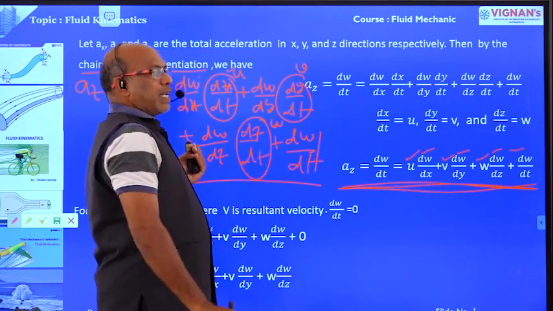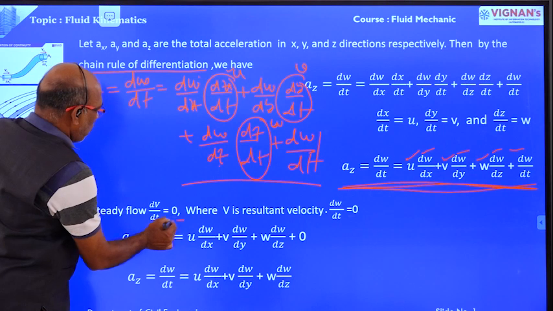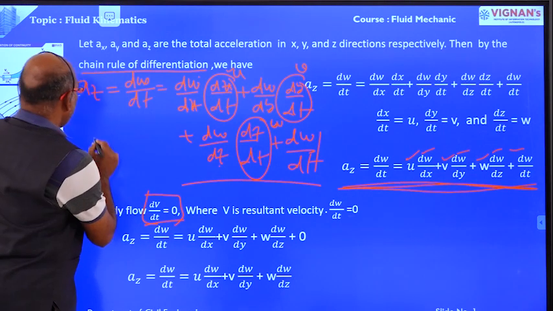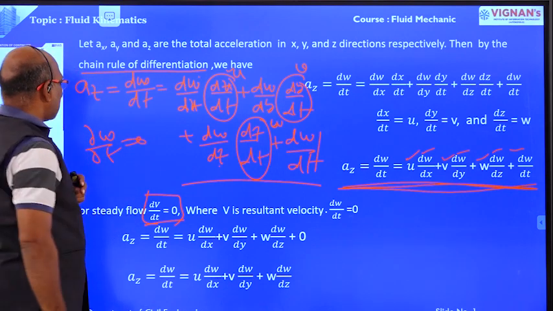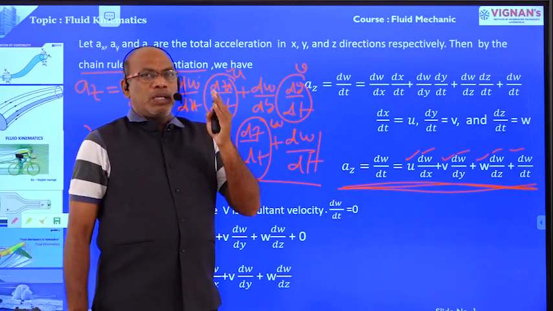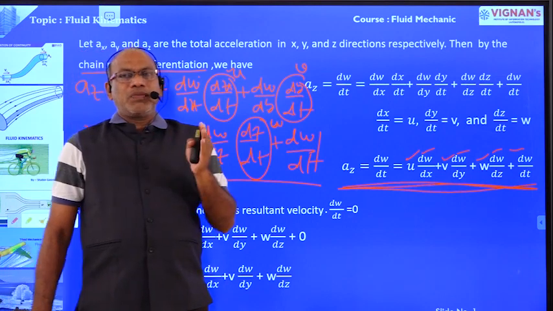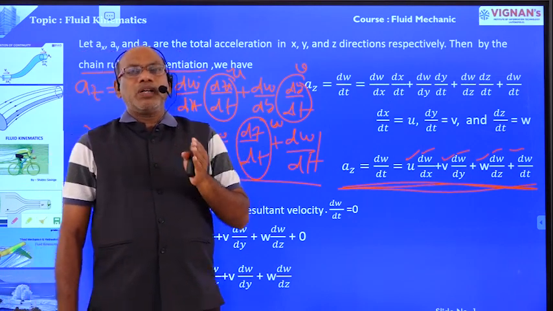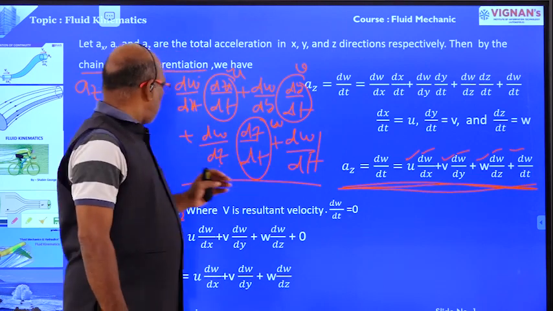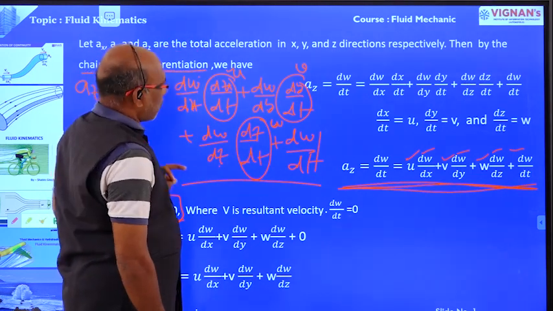If the flow is steady, dou v by dou t is equal to 0, and automatically dou w by dou t is equal to 0, because in case of steady flow, the flow parameters or velocity of flow in the channel do not change with respect to time. Therefore, dou w by dou t is equal to 0.